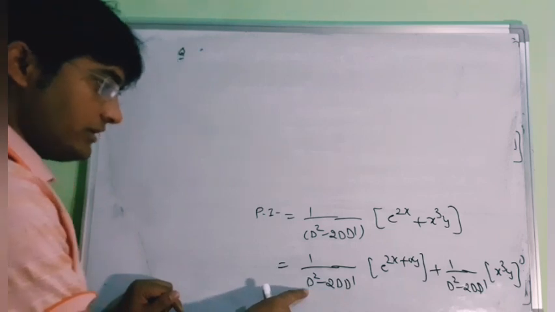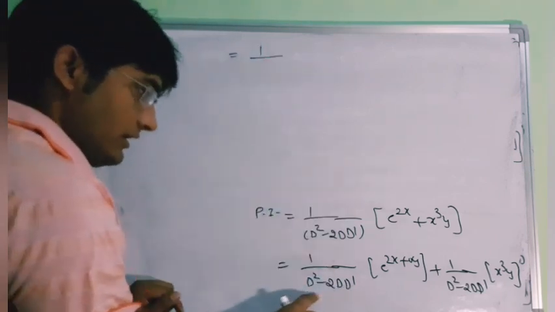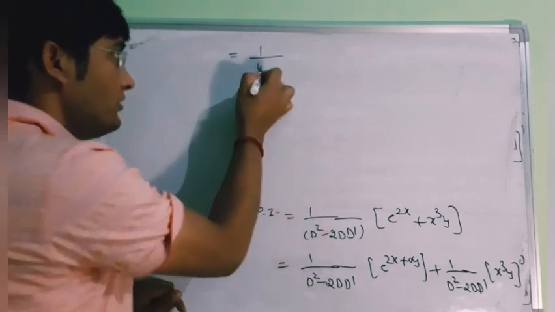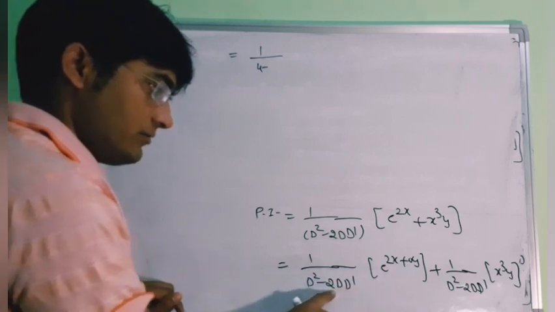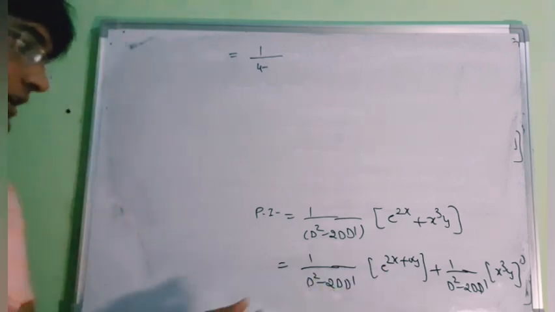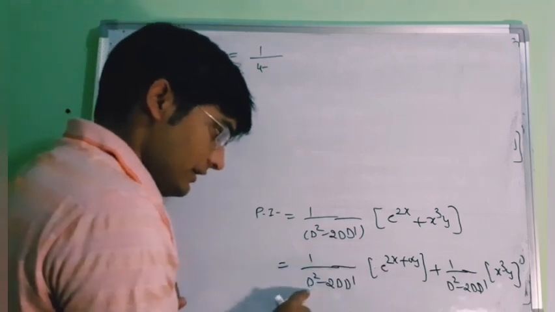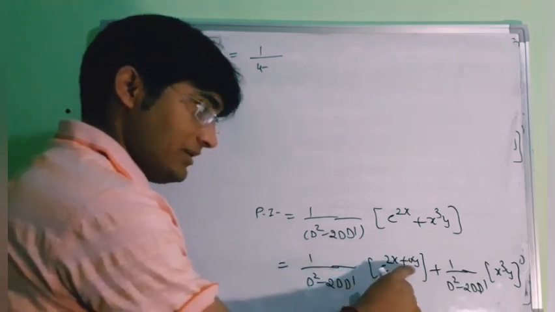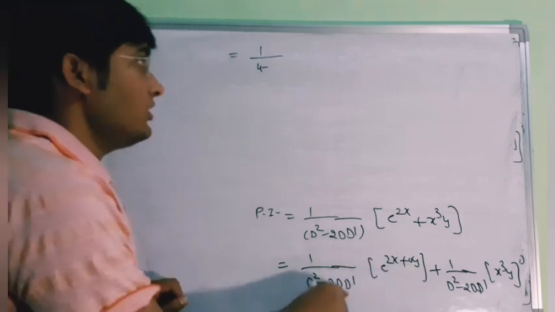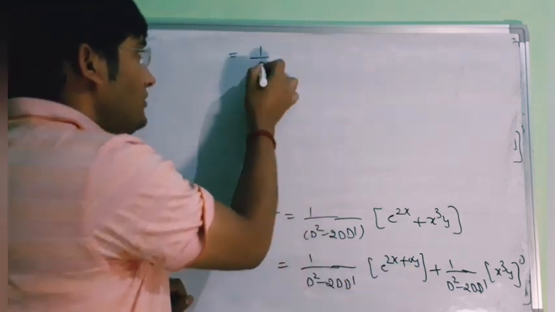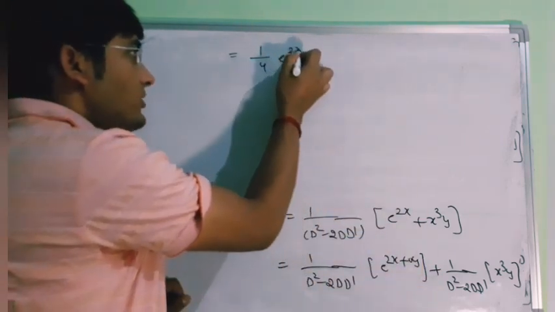So if we replace our D by a, this will be a square, so 4 minus 4 is, we will replace our D by a and D' by b, and here you can see that our D' is 0, so this term will be 0. So we will get just 1 by 4, then in the bracket e to the power 2x plus 0y, which is your e to the power 2x.